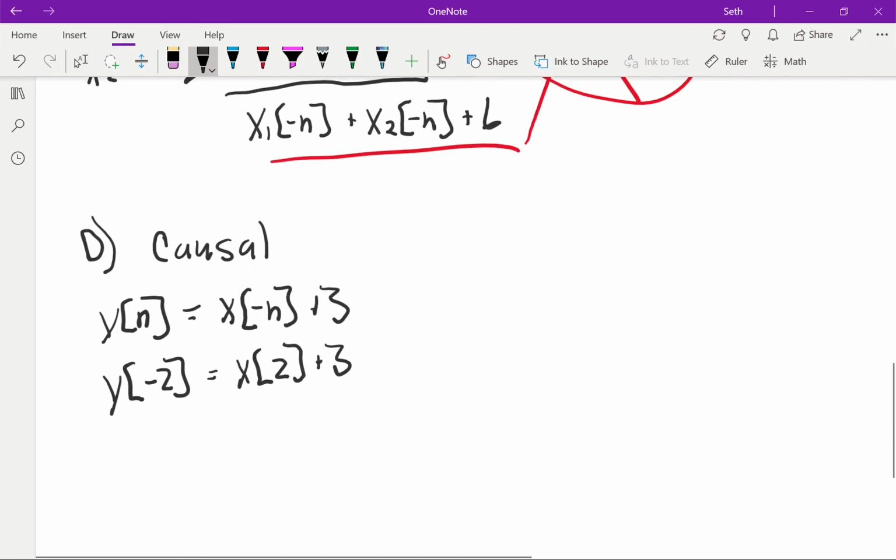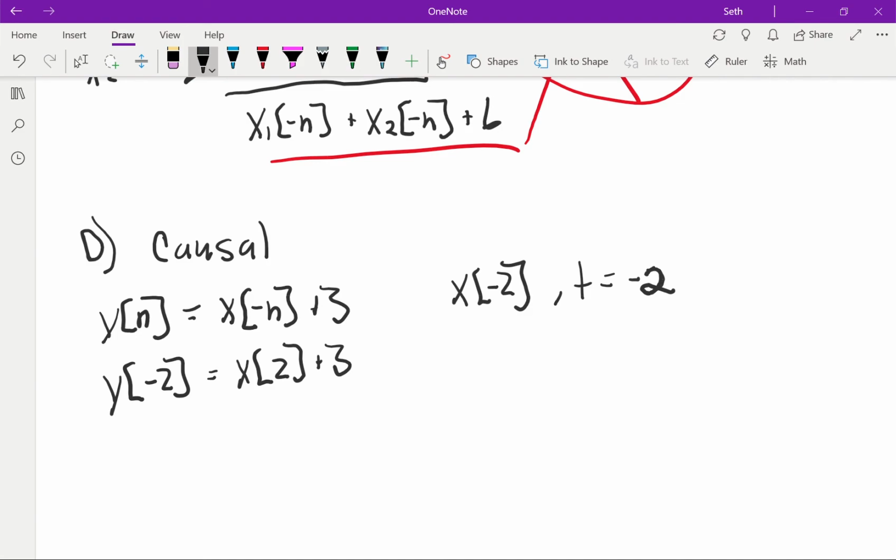So if we put in y of minus 2, we get x of 2 plus 3. In this case, our present input was x of minus 2, because we're at n equals minus 2. This is kind of weird to think about being at negative time, but remember, this is discrete time, and also we could be on a computer, so don't get too hung up on that.